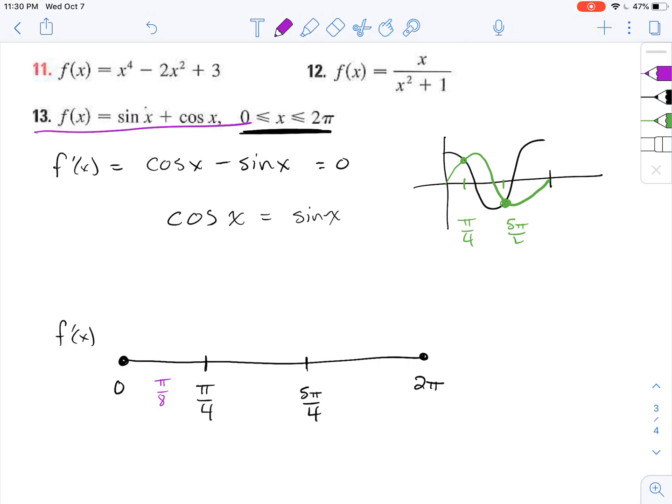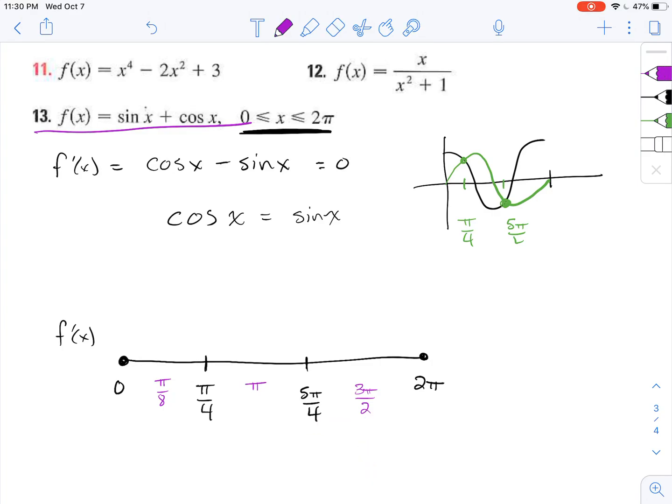In the middle, I'm just going to use pi, which is 4 pi over 4. And then between 5 pi over 4 and 2 pi, let's use 3 pi over 2. Let's make sure that's in the middle. That would be the same as 6 pi over 4, so it's definitely on this side of 5 pi over 4.